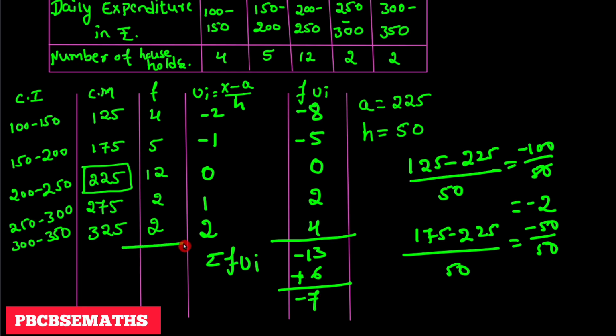And here summation of f value is already given, which is 4 plus 5, 9, 9 plus 12, 21, 21 plus 2, 23, 23 plus 2, 25. Now we have the value of summation of f_i u_i. Let's find out the mean of the given data.